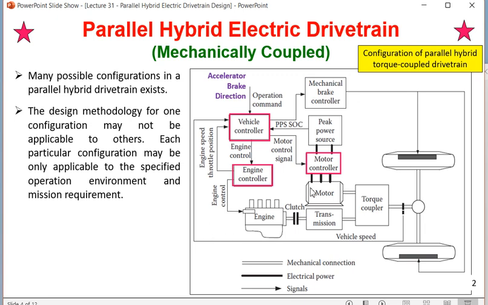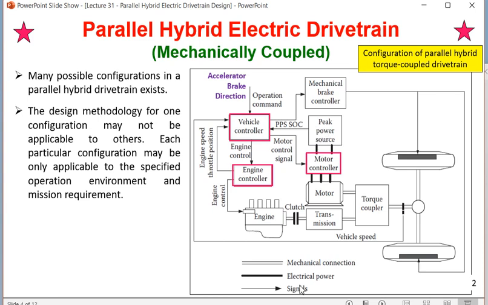Then there is another controller, which is called the motor controller, because we find that in the parallel hybrid electric drivetrain, the engine is producing mechanical power. This is the clutch gear system, so this is a power control. This is a transmission, and it is mechanical power given to the torque coupler. At the top you find the peaking power source. The peaking power source is nothing but the battery, and there are many measurements happening from the battery.